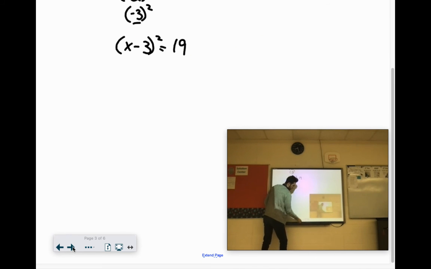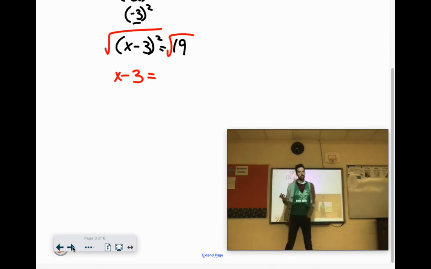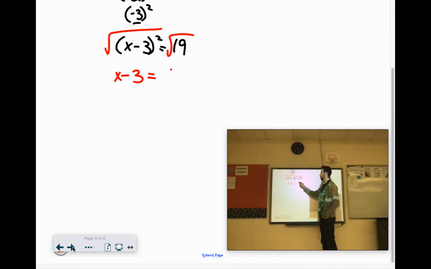Great, we've done the hard work. Let's square root it. X minus 3 equals, 19 doesn't have any perfect squares in it, so let's just say plus or minus root 19. Last thing we have to do is get rid of that minus 3 by adding 3.